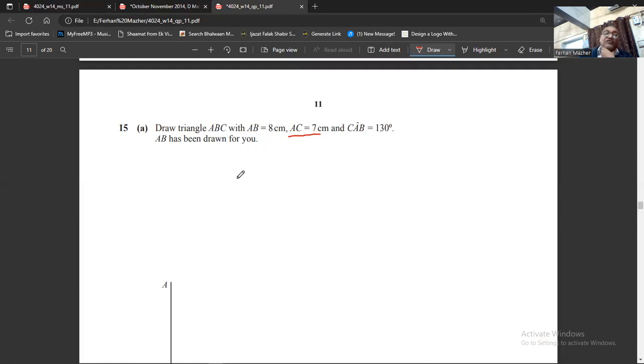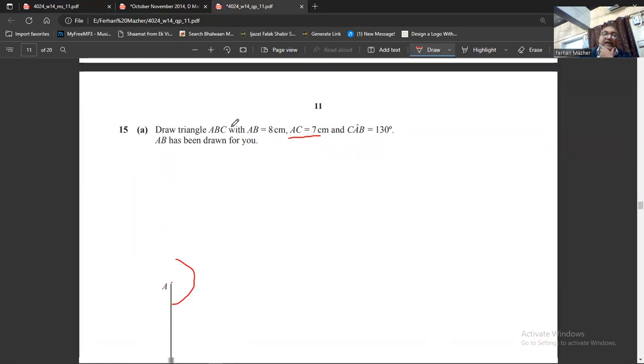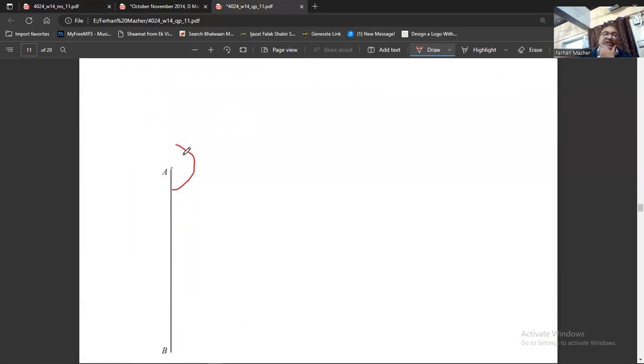AB has been drawn for you. So here with the help of the compass, I put my compass like this. First of all, I will mark angle CAB 130. So 130 will be here somewhere. So I will draw this angle. This is 130 angle.